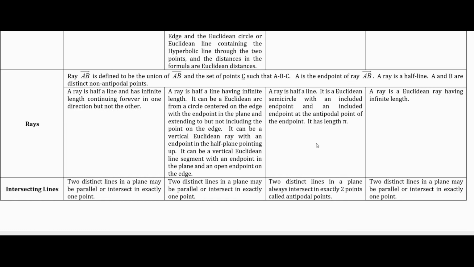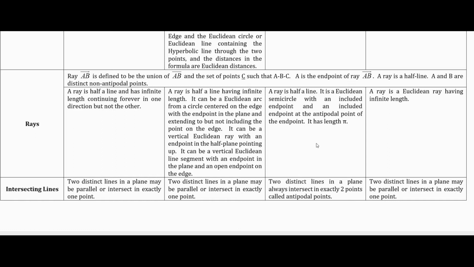And it can be a vertical Euclidean ray with the endpoint in the half plane pointing up. It can also be a vertical Euclidean line segment with an endpoint in the plane and an open endpoint on the edge. So sort of three different versions there, and that's hyperbolic in our model of hyperbolic geometry.